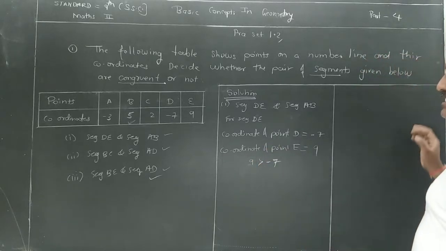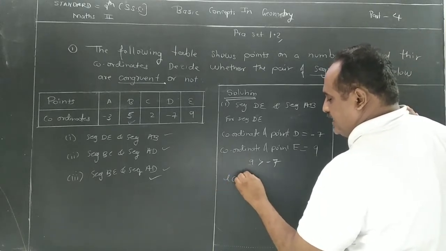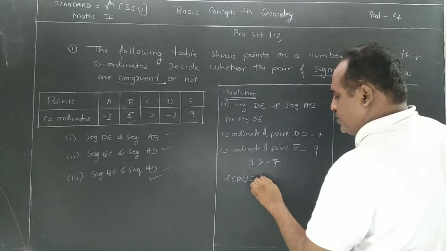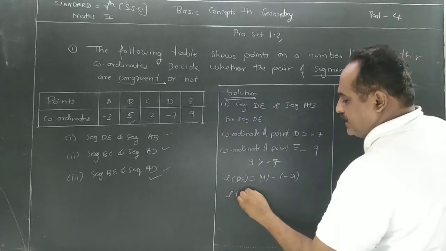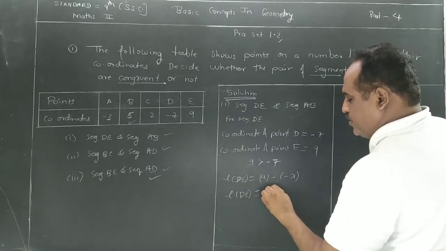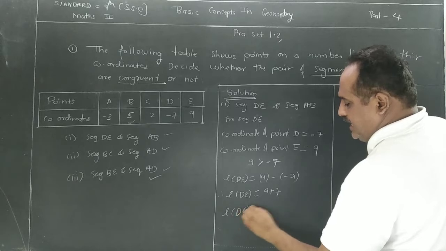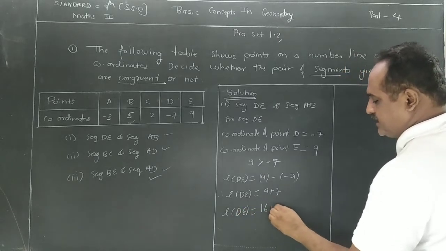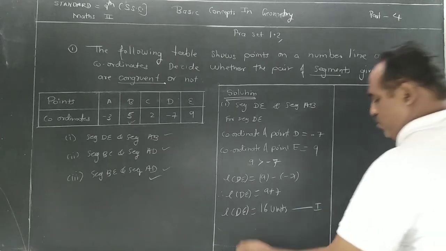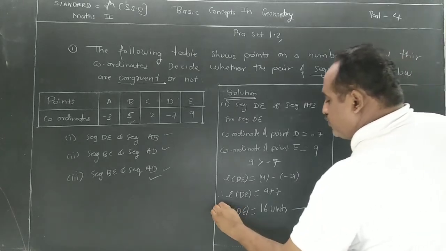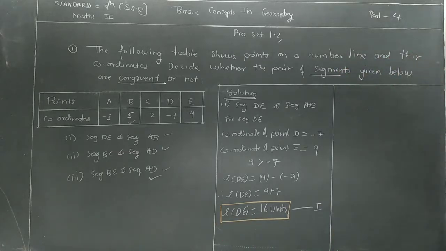Is it right? So, what will be length DE? Length DE is equal to 9 minus -7. Length DE is equal to 9 plus 7. Therefore, length DE is equal to 16 units. I am going to take it as equation 1 and you put this in a box. Little better. Have you understood now?